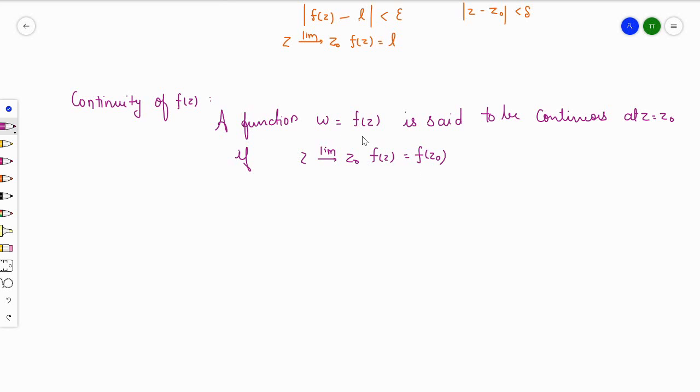Okay, a function w equal to f of z is said to be continuous at point z equal to z0 if limit z tends to z0 of f of z equals f of z0.